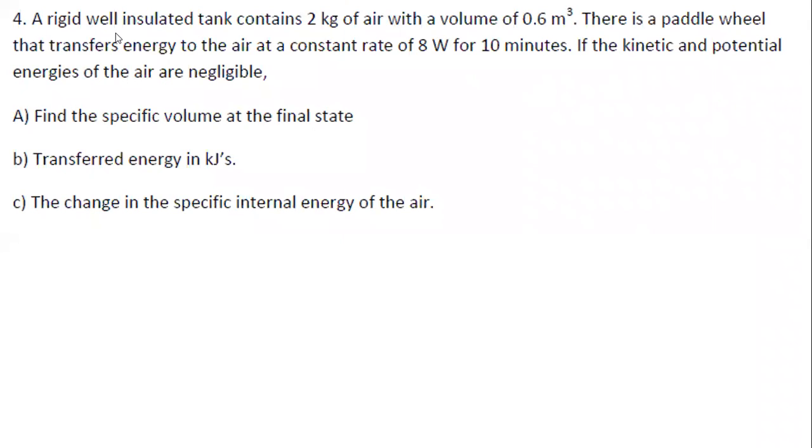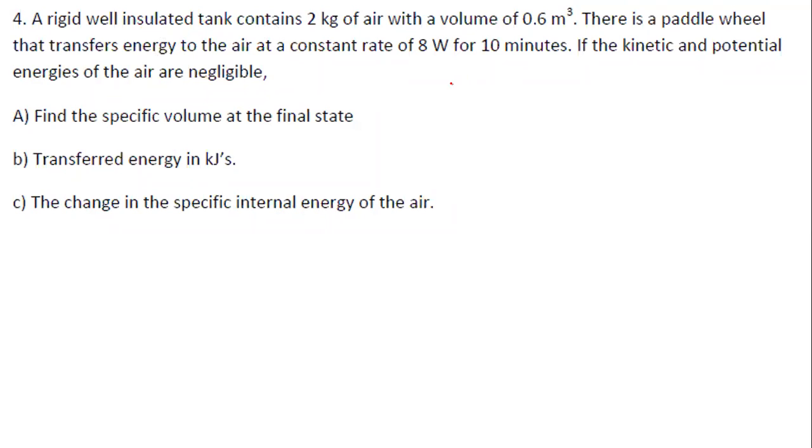The example says that we have a rigid, well-insulated tank that contains 2 kilograms of air with a volume of 0.6 meters cube. This is the rigid, well-insulated tank. And let me first use these keywords here that will help us simplify the problem.